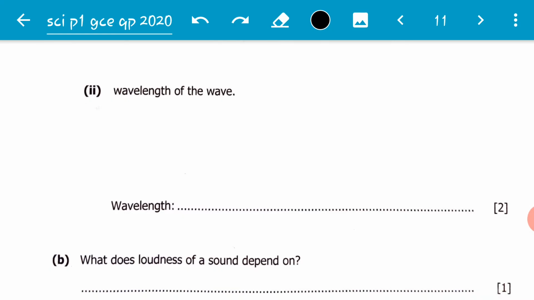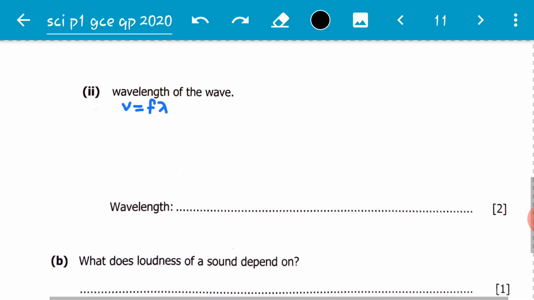Now, wavelength is actually the opposite of frequency. Sorry, let me say it again.